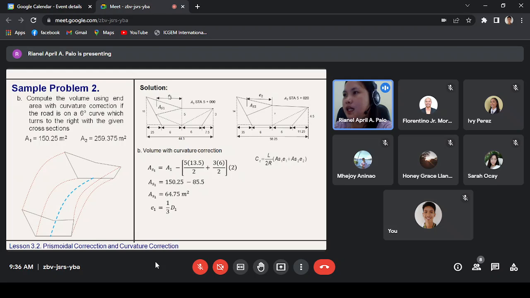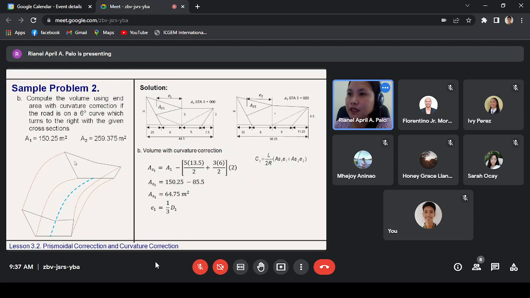Then we just need to determine if E1 is positive or negative. In the illustration, this is our center line, and our curve goes towards the right. So the center of the curve is somewhere here, and this is the radius.